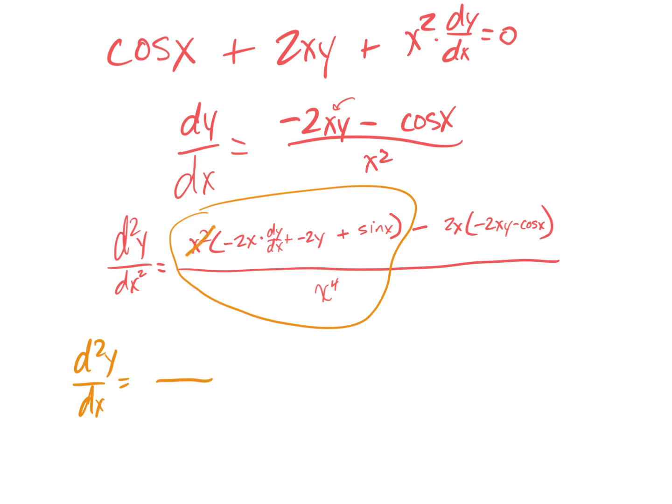It cancels and I have an x squared on the bottom. So I don't have that nasty distributive property problem. That makes sense. And I can replace my dy dx.